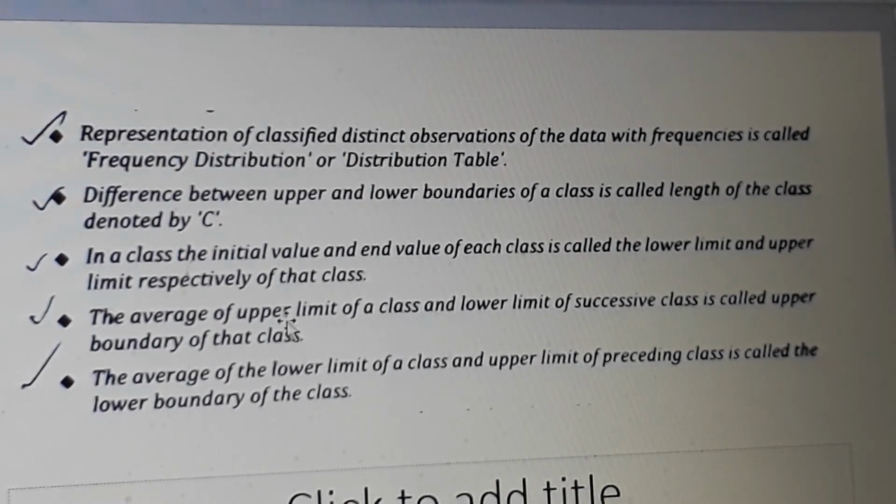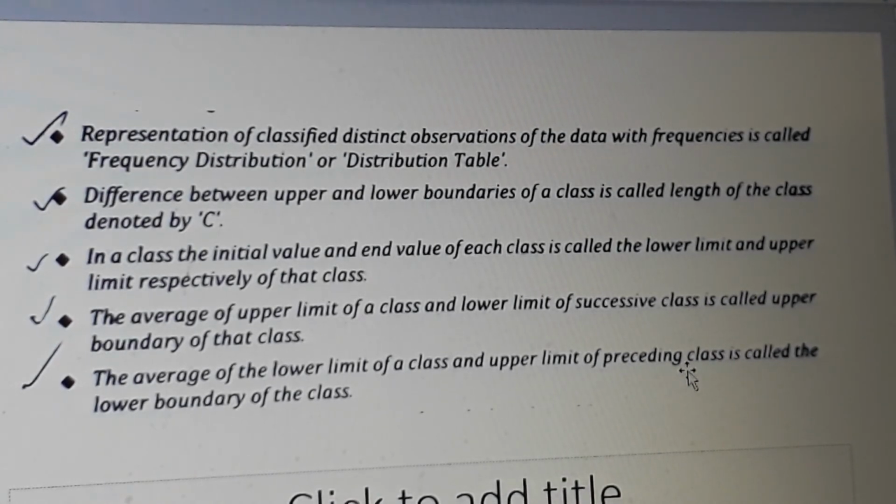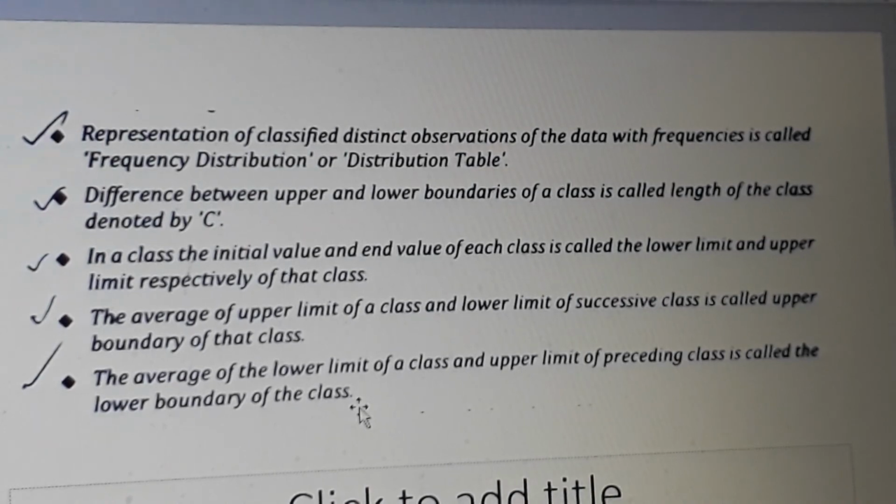The average of the upper limit of a class and the lower limit of the successive class is called the upper boundary of that class. The average of the lower limit of a class and the upper limit of the preceding class is called the lower boundary of the class. Okay, note these points.